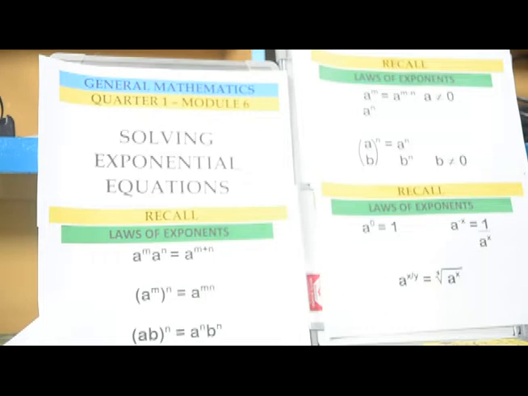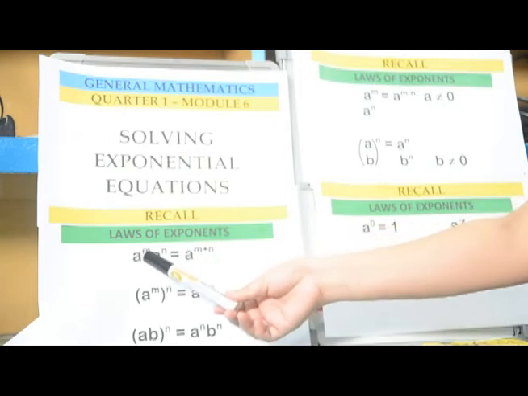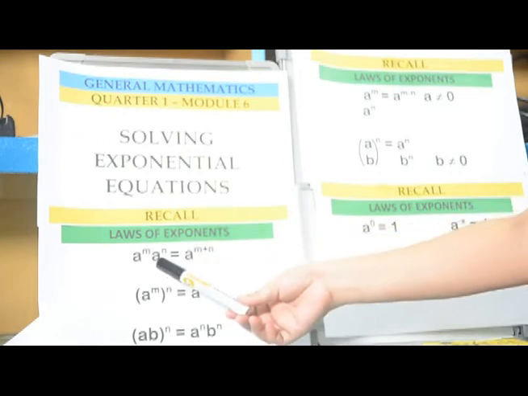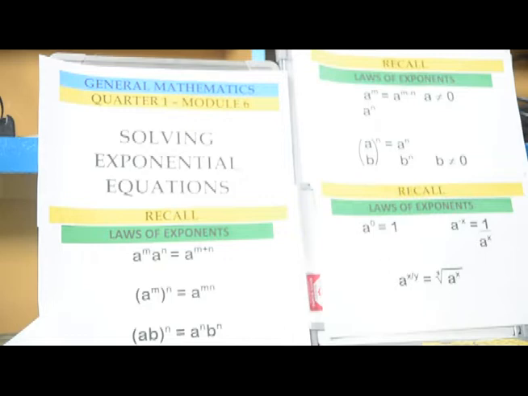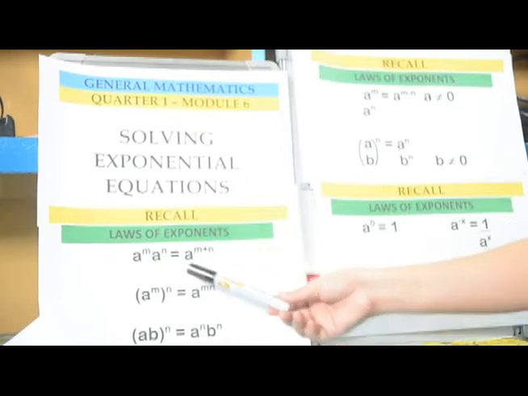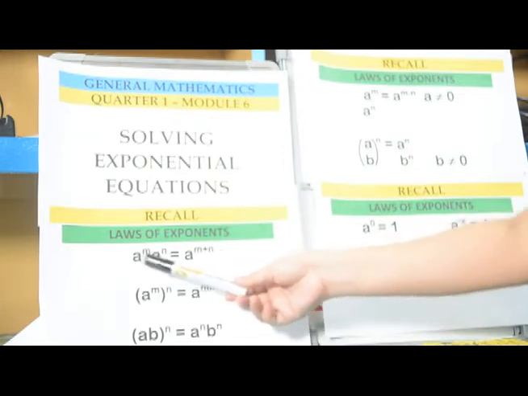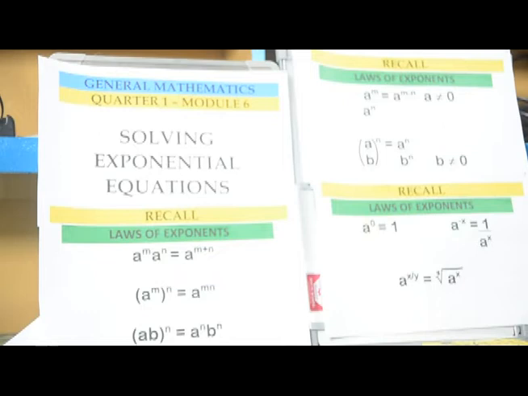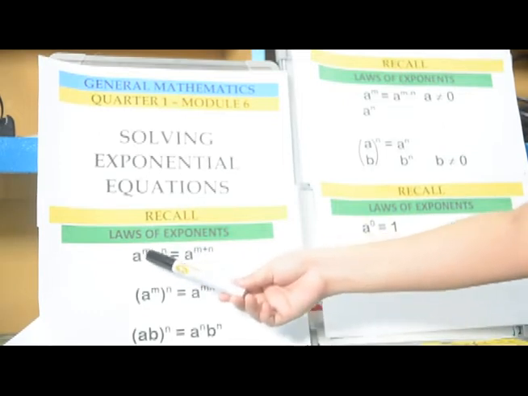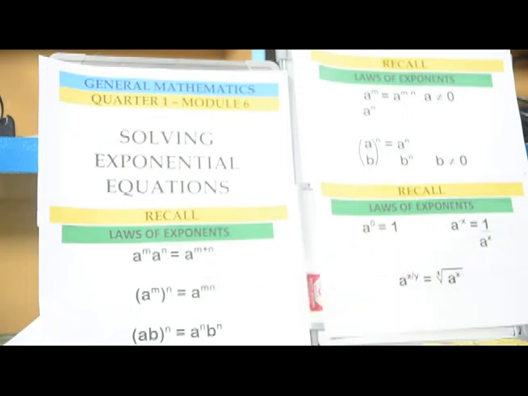Recalling the laws of exponents, let's have this. a raised to the power of m multiplied by a raised to the power of n is equal to a raised to the power of m plus n. That means with the same real number as your base, you just simply add the exponents.